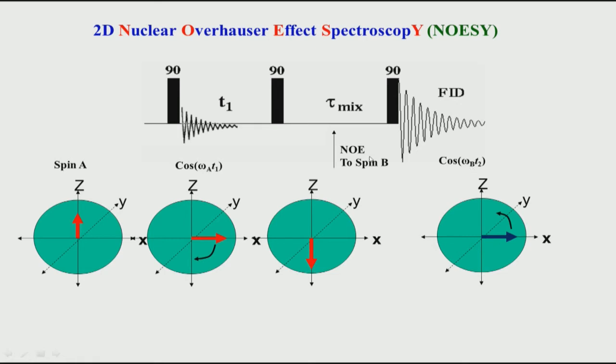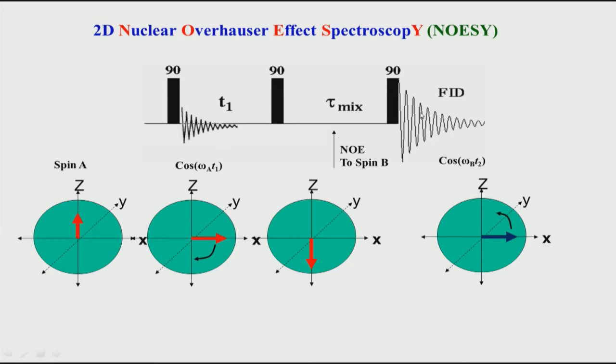But remember, as we discussed in the last classes, it is not that the entire polarization of A can be completely given to B. It is only a percentage of A polarization that goes to B, the remaining 90% remains on A itself. So, that means during this mixing period, A transfers only 5 to 10% of the polarization to B. That is the kind of efficiency you would expect at best.